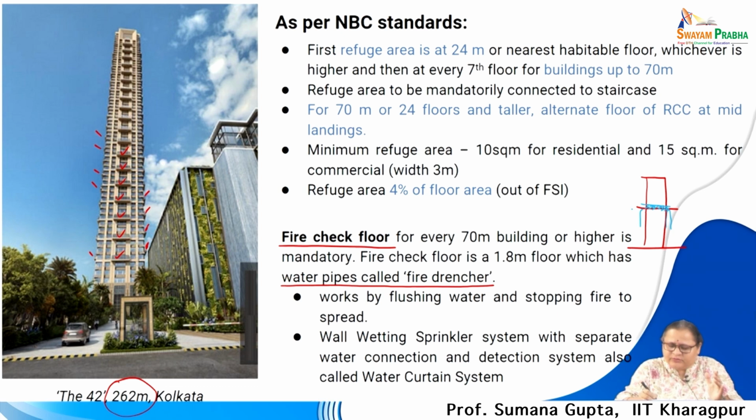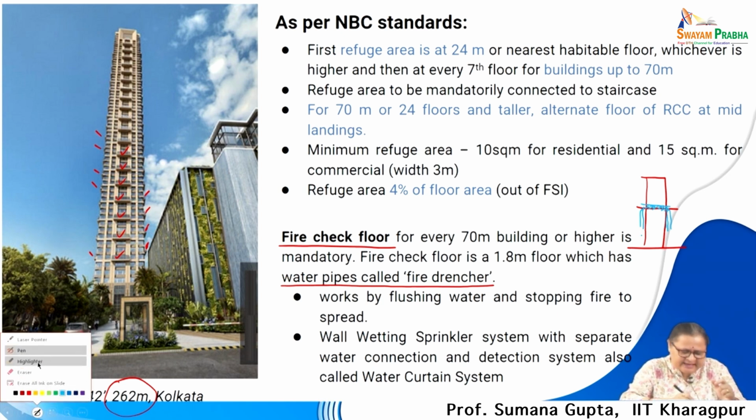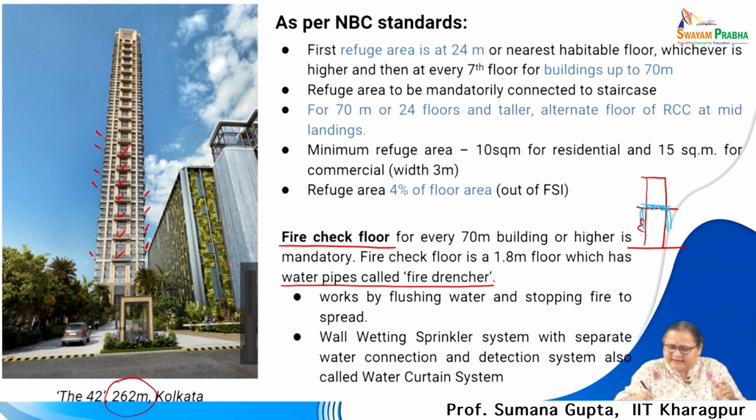Water will actually drench the building from here through nozzles along the entire periphery of the building, and it will not allow any kind of flame which can get generated at any floor to pass from this level to the upper level. Is that okay?